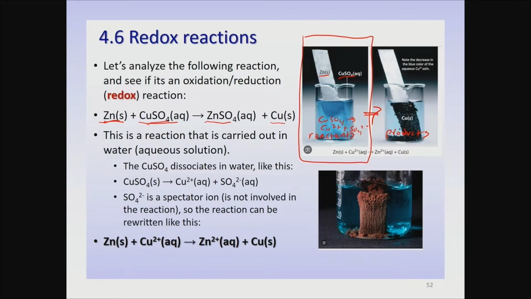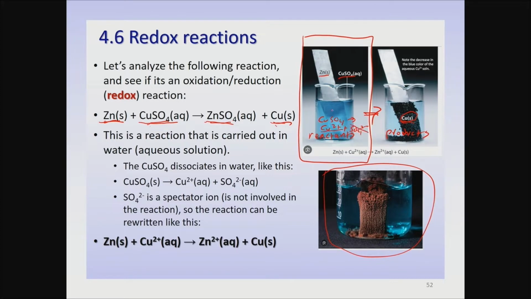Also, on the surface of the zinc metal you see a solid accumulating on it, and this is copper metal. In this lower picture you have a nicer picture of that, and you can see that this solid is kind of a blackish red color. Again, the copper solid is a product, but also zinc sulfate is a product.